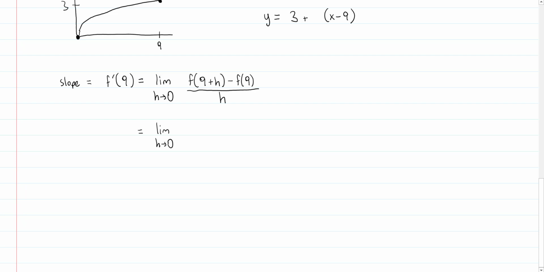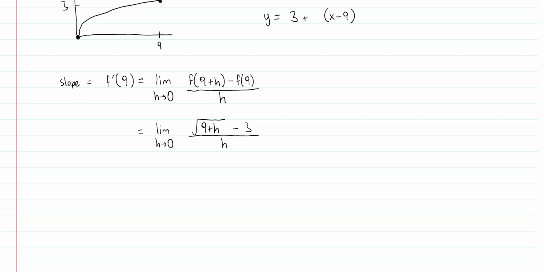All right, since f of x was the square root of x, f of 9 plus h would be the square root of 9 plus h. f of 9 is the square root of 9, which is 3. It's all over h.